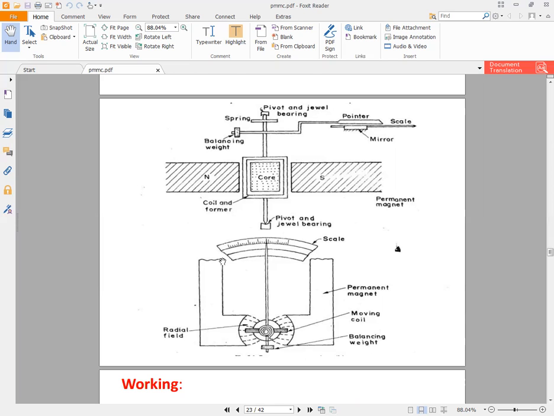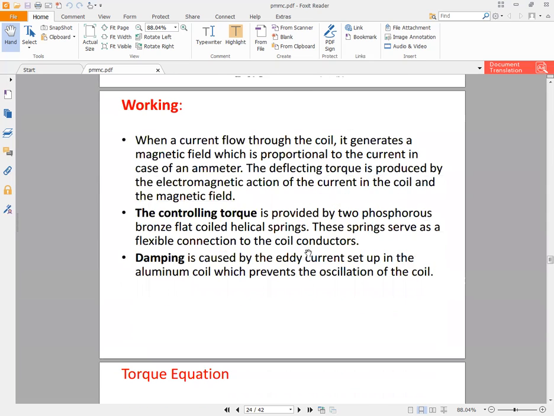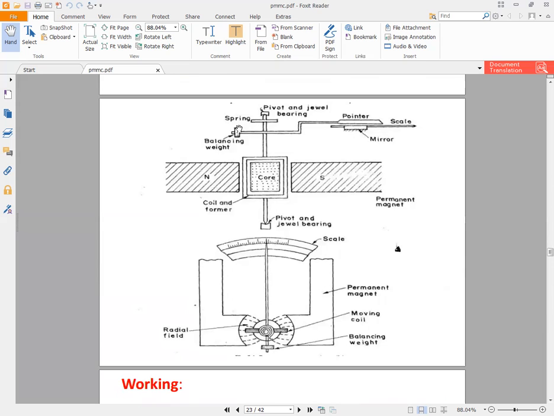As the pointer gets deflected, there is a torque, which is our deflecting torque. The deflecting torque is directly proportional to the quantity under measurement. That means whatever quantity is shown by the pointer will be equal to our deflecting torque.